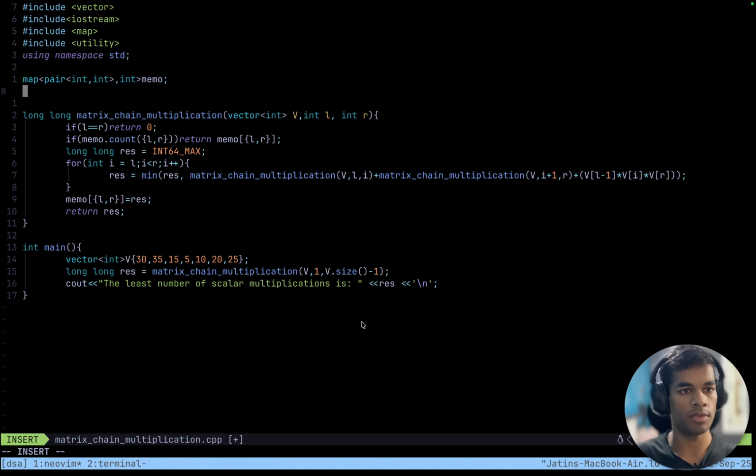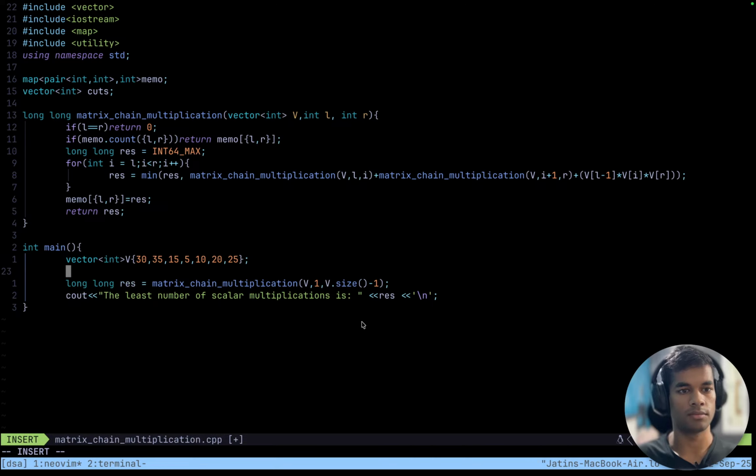And I am thinking of a vector of integers which remembers where we are putting those brackets. So let's call it cuts. I think that is very reasonable. And its size is going to be equal to v dot size.